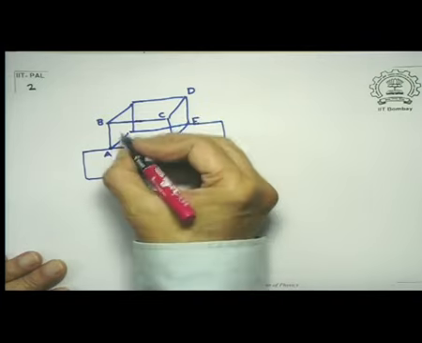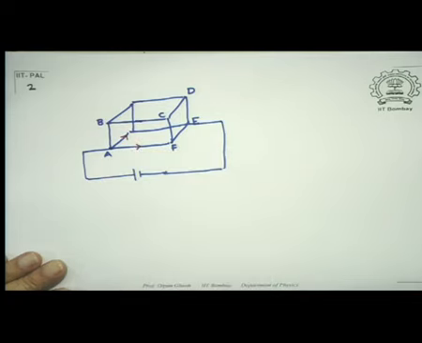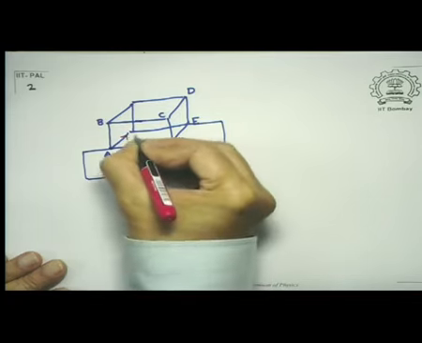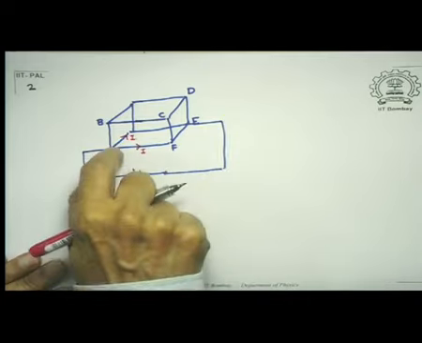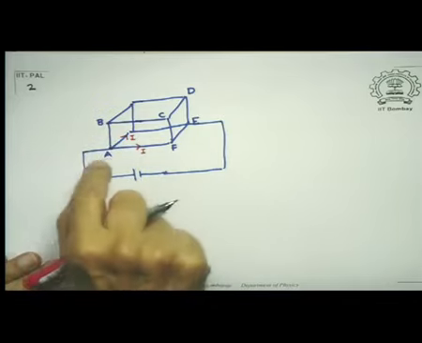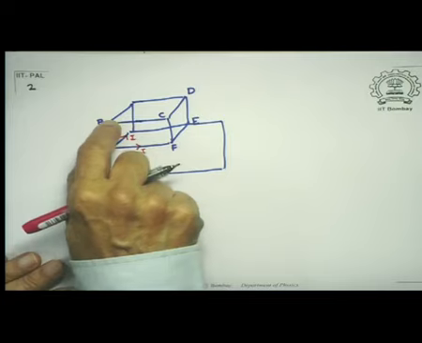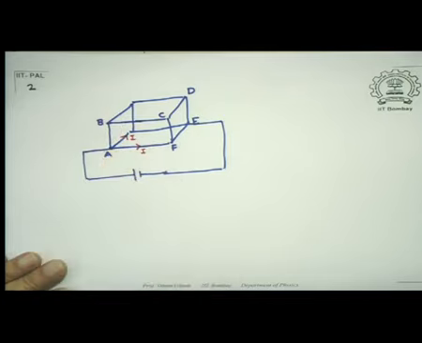So therefore, this path and that path are identical. So let us call the current I. But no longer is that true of this path, because this path which is here is not symmetric with respect to A and E's position.